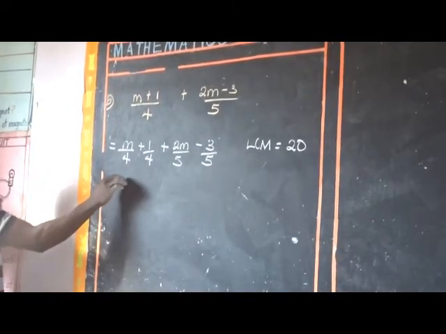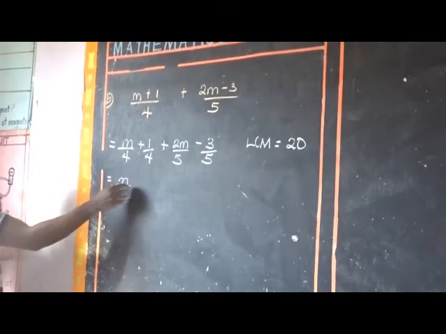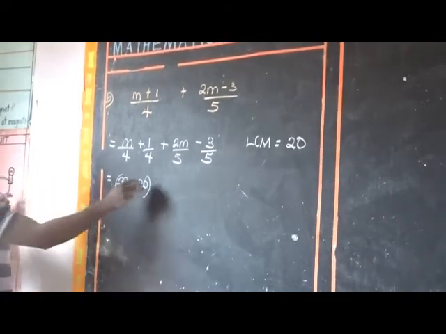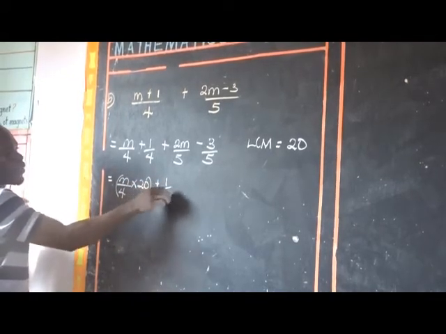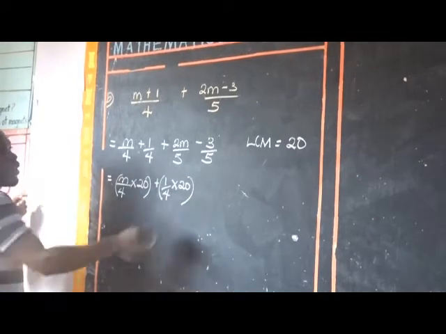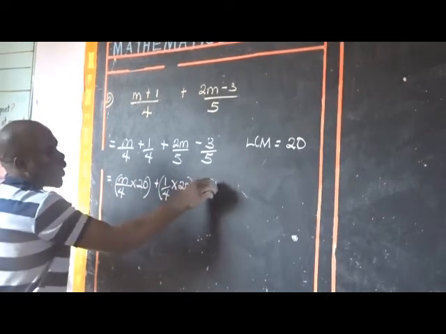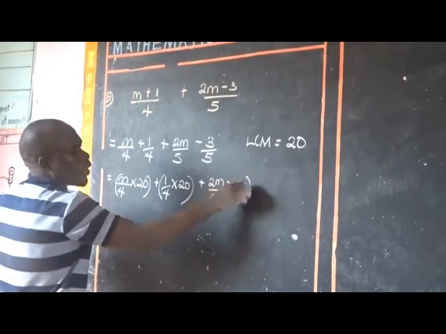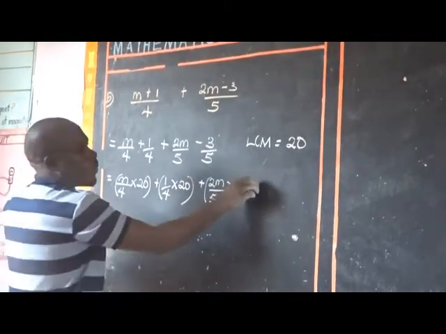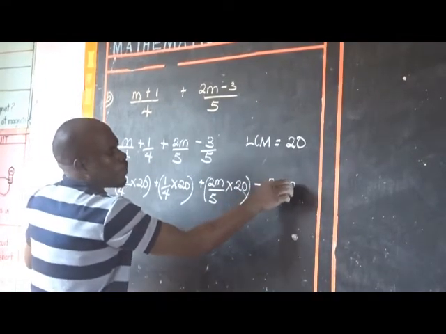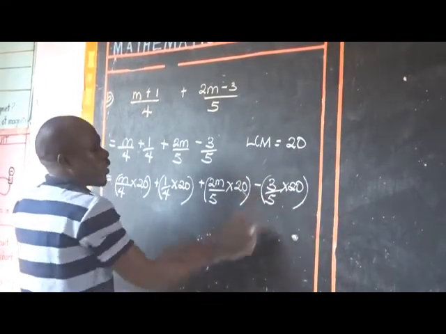So we shall have m out of 4 multiplied by 20, which is the LCM, plus 1 out of 4 multiplied by 20, plus 2m out of 5 multiplied by 20, still our LCM, minus 3 out of 5 multiplied by 20, our LCM.